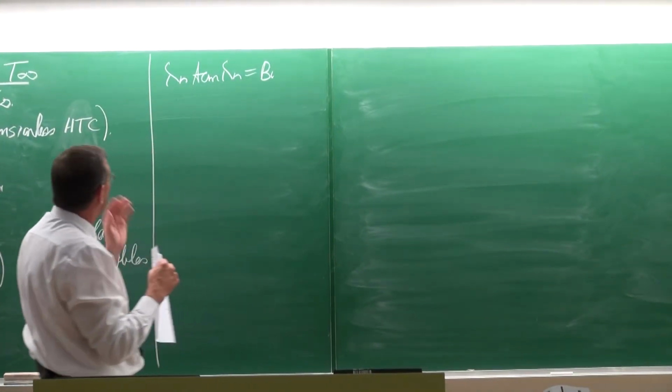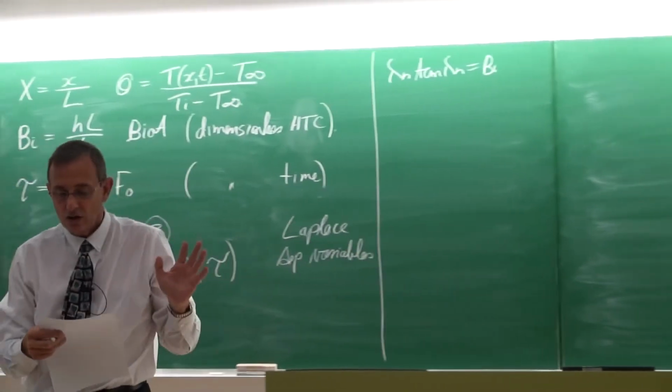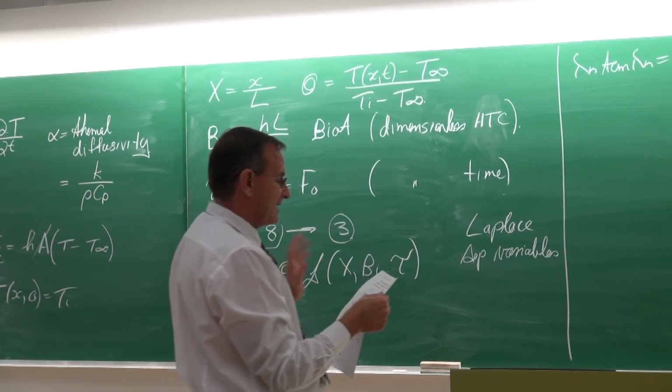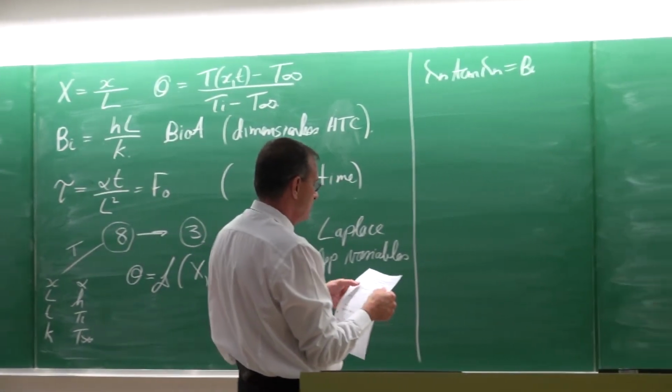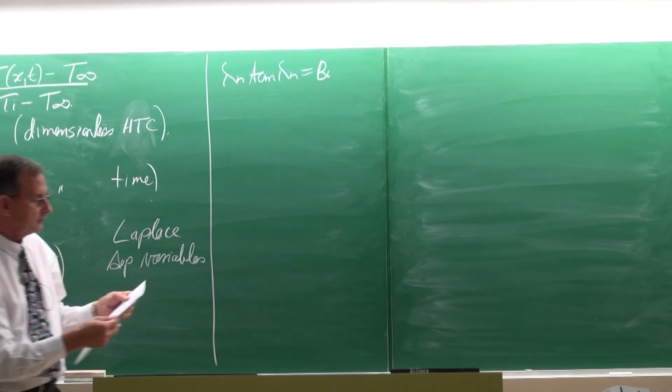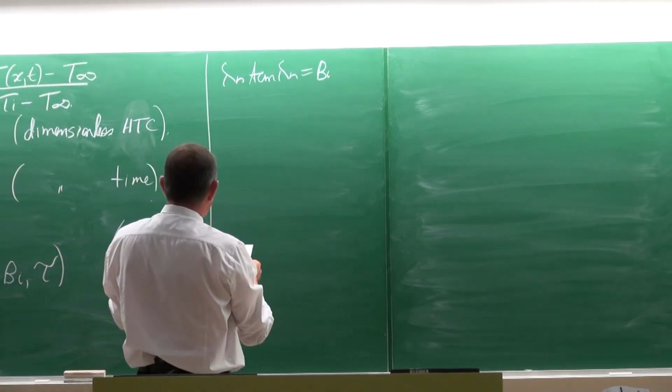This equation is called the characteristic equation of the eigenfunction. The roots are the characteristic values or the eigenvalues, and it has an infinite number of solutions. So that is part of the solution.